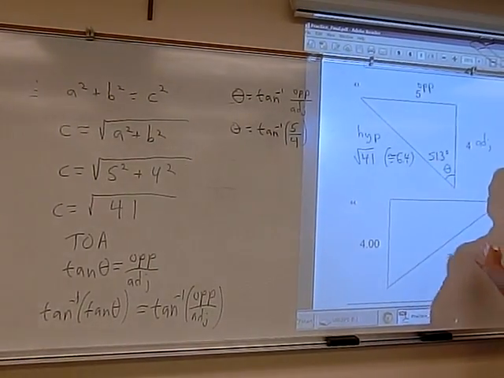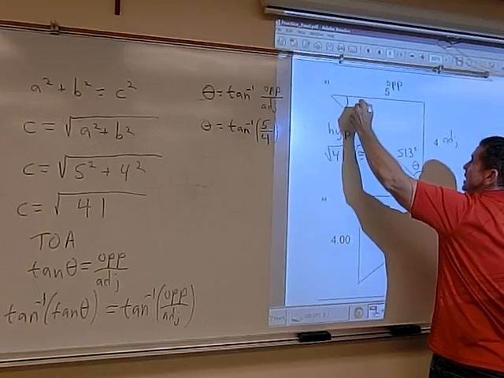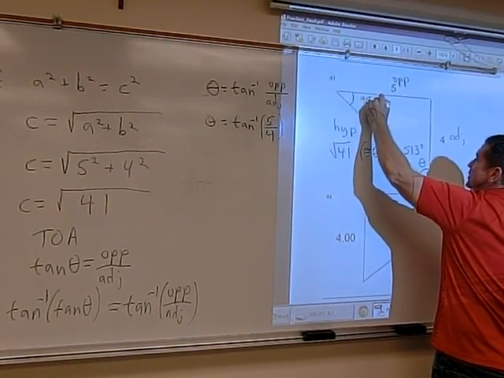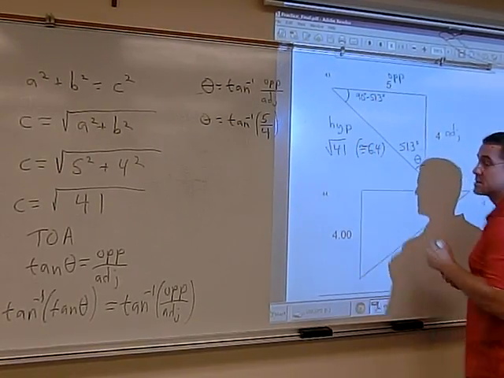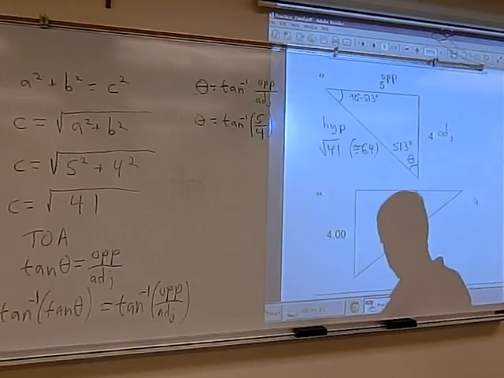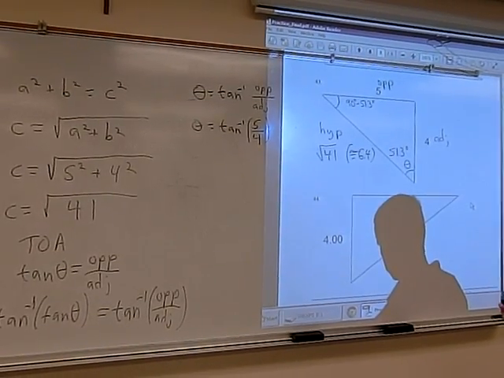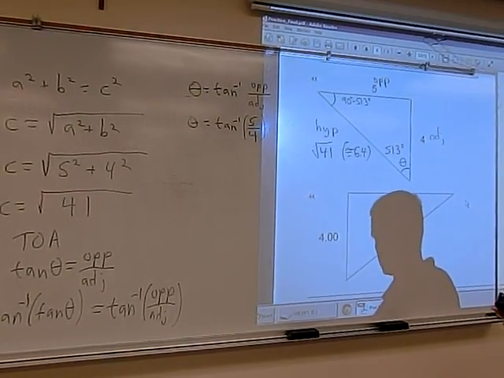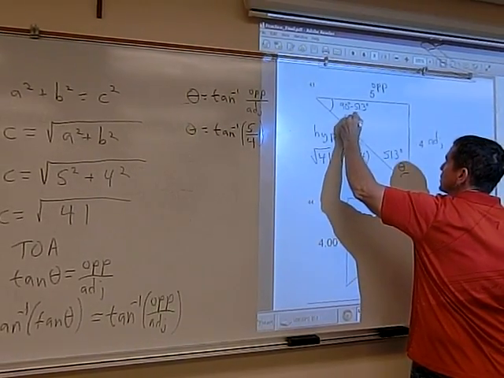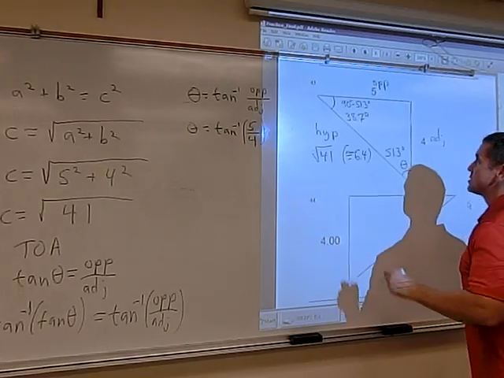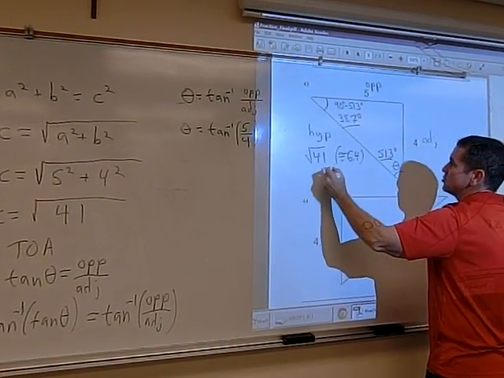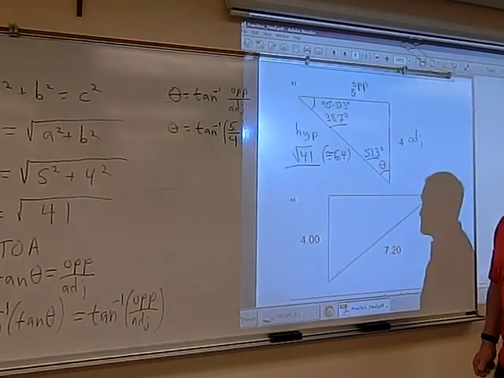Then this angle is going to have to be 90 minus 51.3 degrees, which happens to be 38.7 degrees. So there you have it: 38.7, 51.3, and the hypotenuse was the square root of 41.